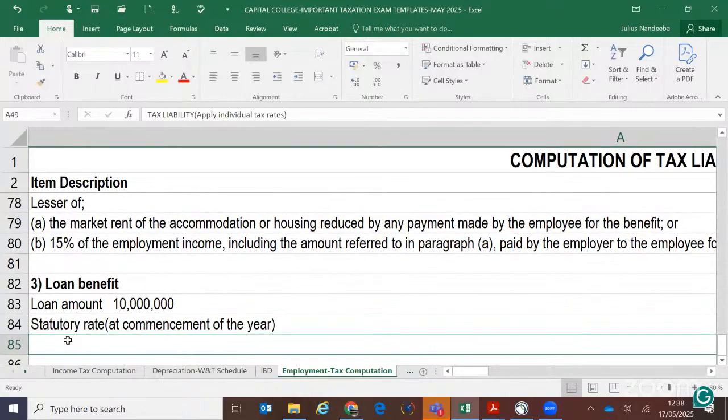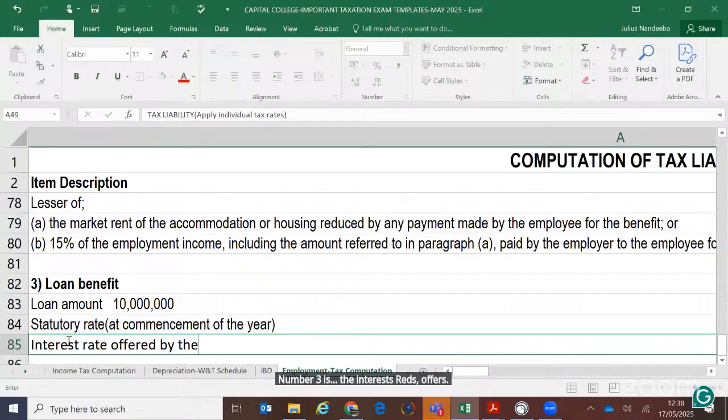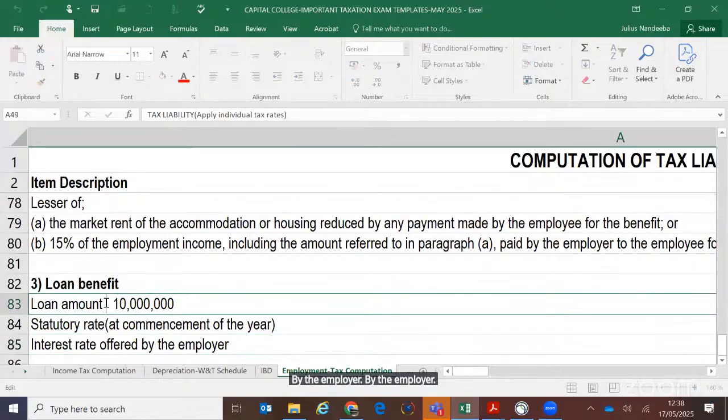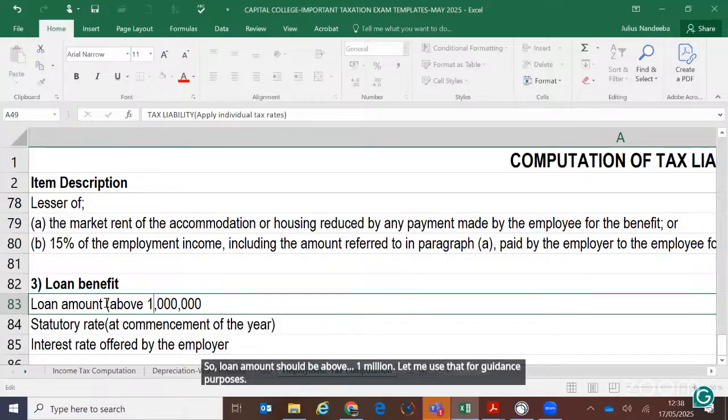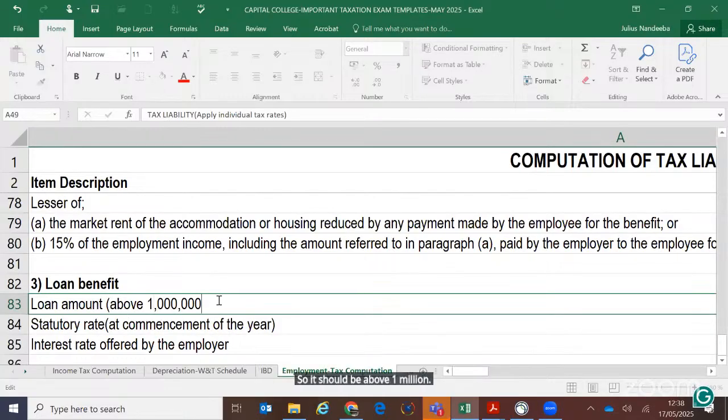Number 3 is the interest rate offered by the employer. So the loan amount should be above 1 million, let me use that for guidance purposes. So these are the ingredients that you need to get the loan benefit.